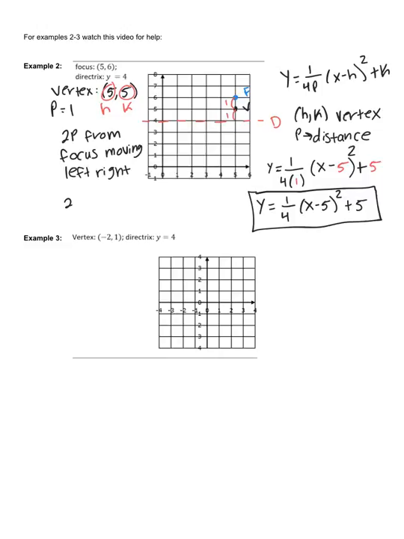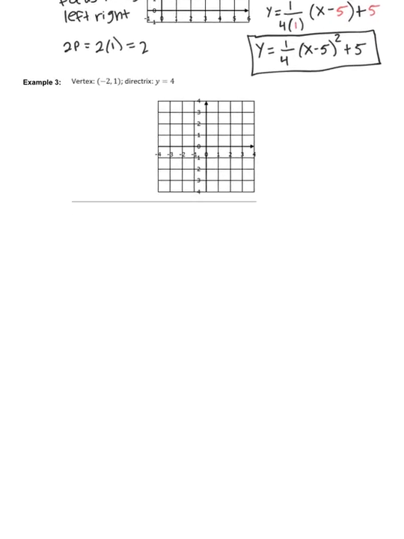So in our case, 2p would be 2 times 1, p is 1, which is just 2. So that means to find my other points from the focus, I'm going to move to the left 1, 2 and put a point. And then I'm going to go to the right 1, 2 and put a point. And I'm going to connect those with my vertex. And that is what my graph looks like. Okay? Now, let's look at the next example.